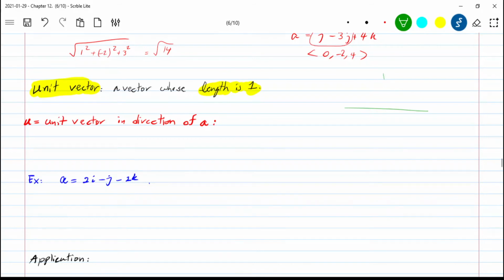So in 2 dimensions, for example, you could have a vector i with length 1, as well as this vector with length 1. That's a unit vector. It could be this one with length 1. So anything along the circle of radius 1, any vector, would be a unit vector. That's why we had sine and cosine in trigonometry, because all these points along the unit circle depend on the cosine and sine values.